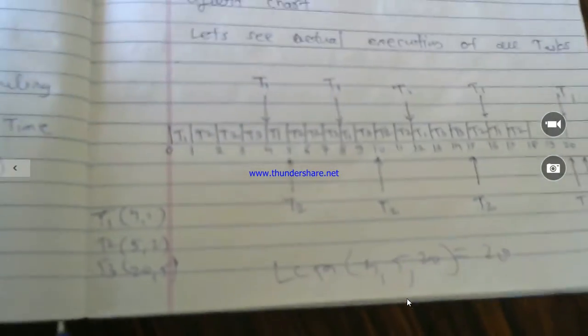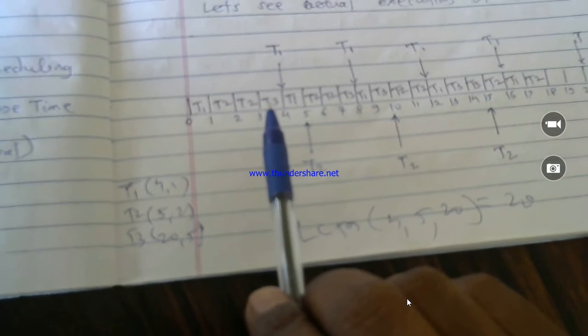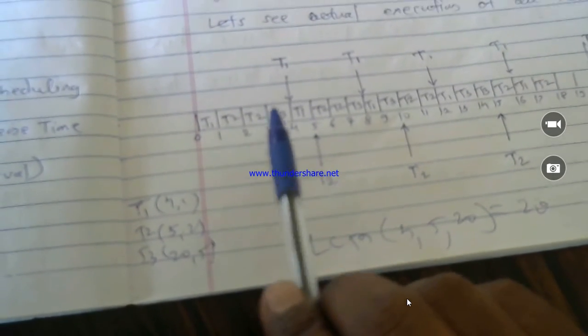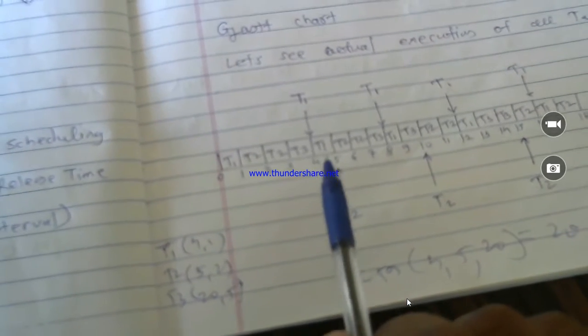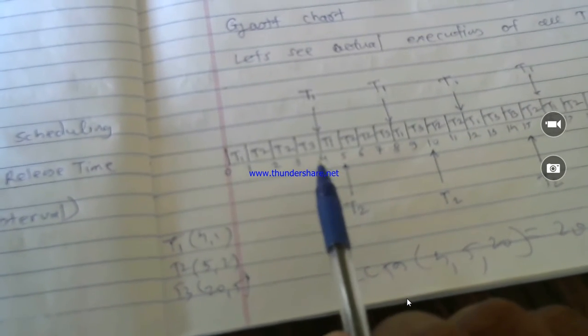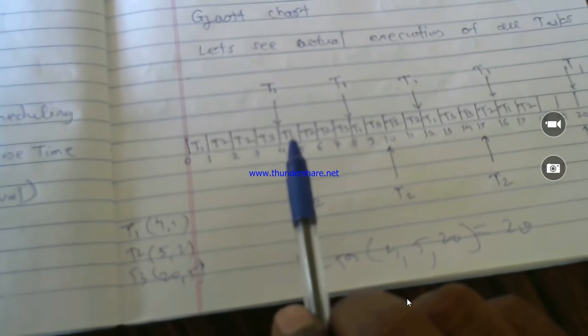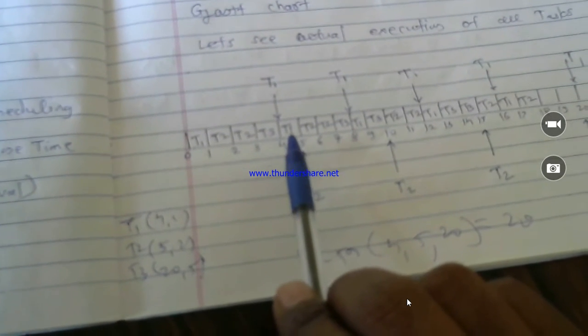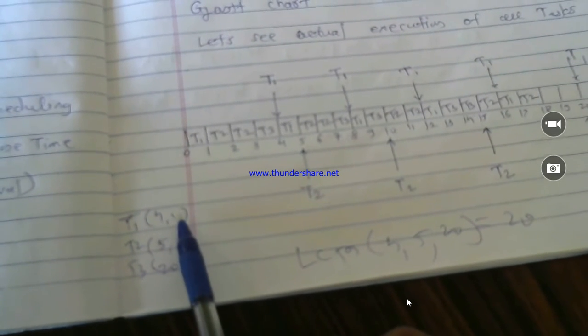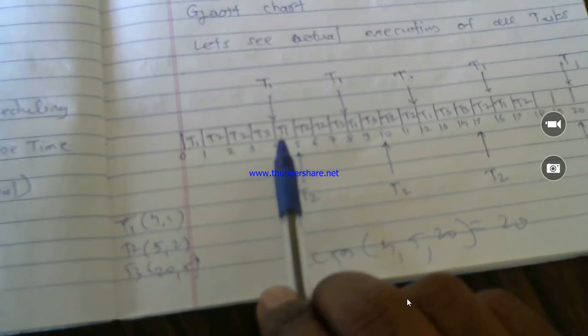T3, as its execution time is 5 and we have executed it only once, but the priority of T1 is high and its periodic time is 4, not execution time, periodic time is 4, and which is reached. So the system will preempt the execution of T3 and will allocate the resources to T1. That's why I have written T1. Then as T1 requires execution time of only 1 second, I have written T1 only once.